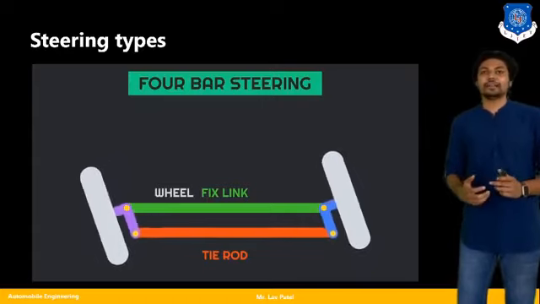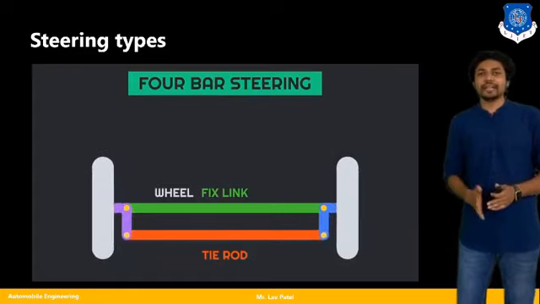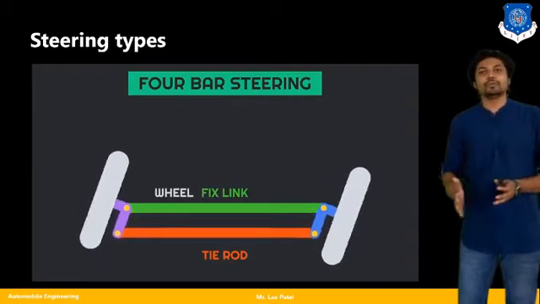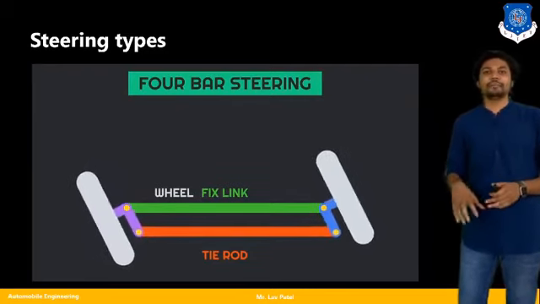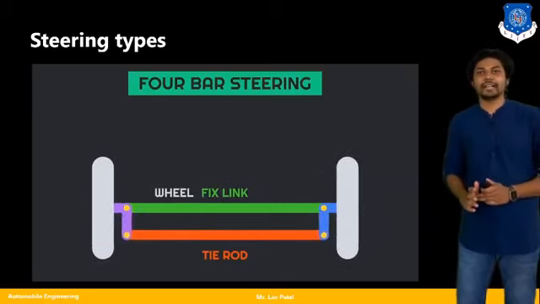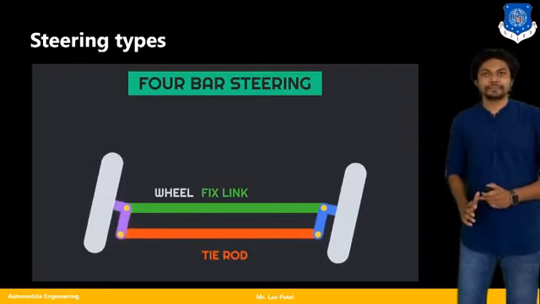According to the steering wheel, if I want to take a left turn or right turn, my tie rod is going to move towards the left or right side, while my fixed link is placed as fixed for the entire mechanism. So this is my 4-bar steering system.